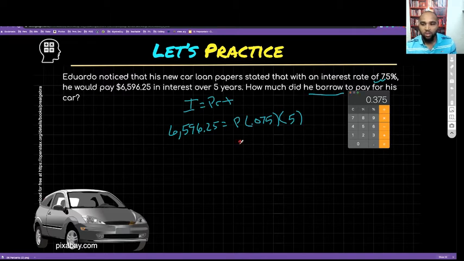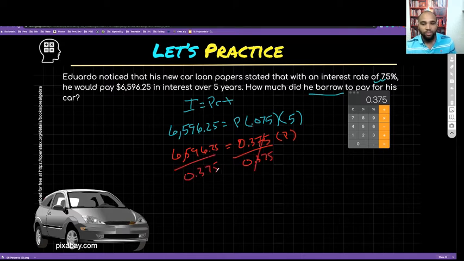So that's 0.375 times P equals all of this, 6,596.25. So now we need to divide both sides by 0.375 to get this P by itself, and divide this one to get our answer.